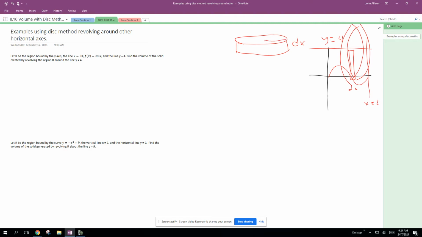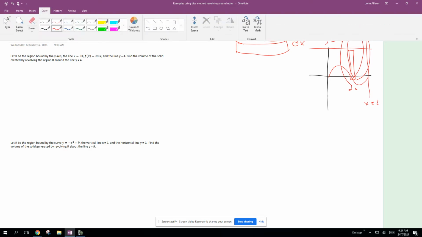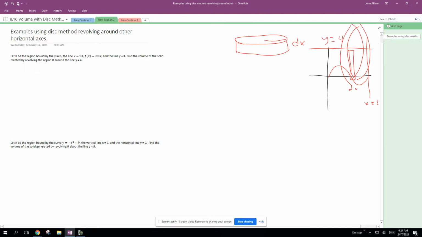I need to know the radius. The radius of my disk is the height of that rectangle. Whoops, didn't need to erase all that, did we? Need the curve sine x in there.